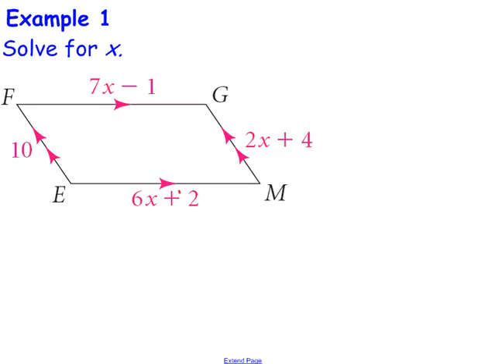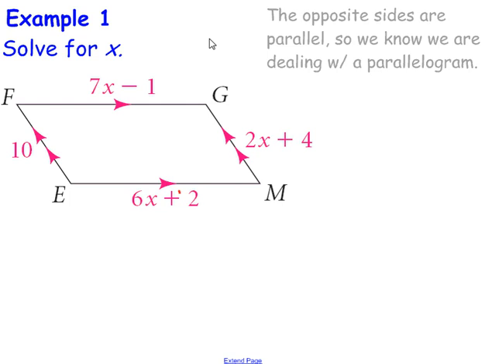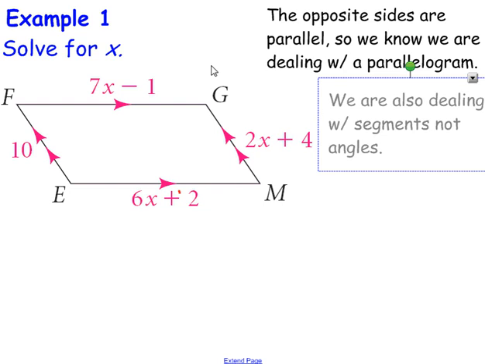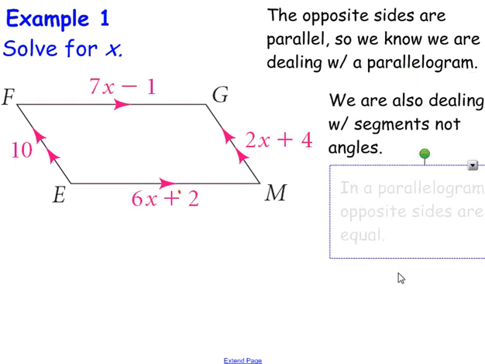We are asked to solve for x, and we know we're dealing with a parallelogram here because the opposite sides are parallel. And again, sorry to be so repetitive, but we are also dealing with segments here, not angles. And in a parallelogram, the opposite sides are equal.